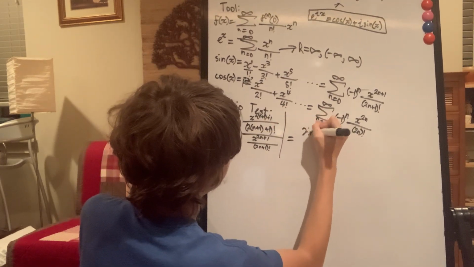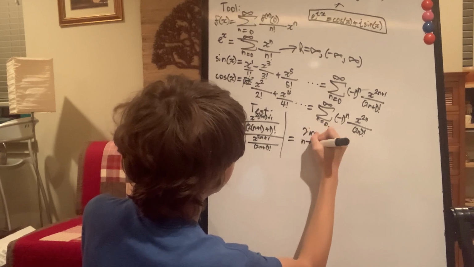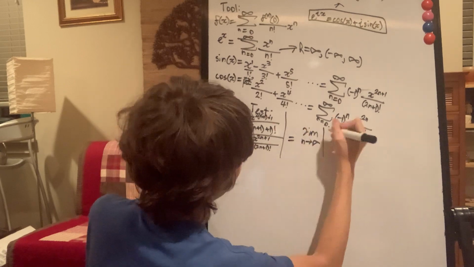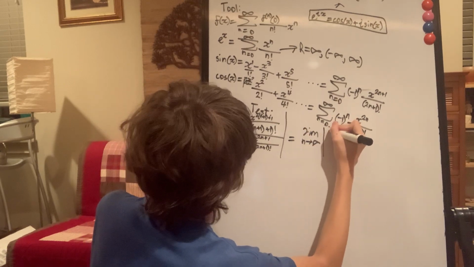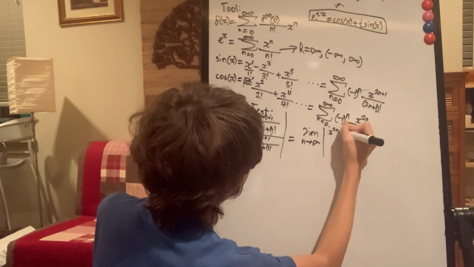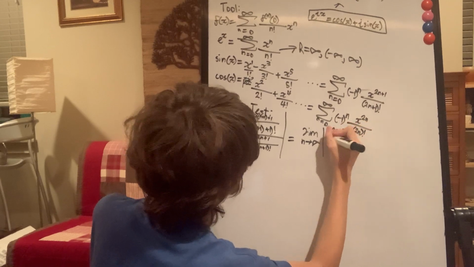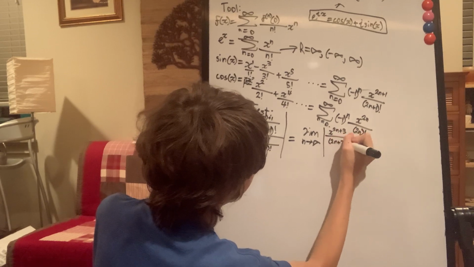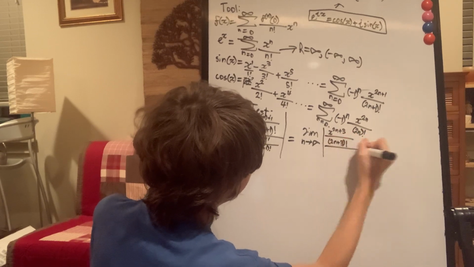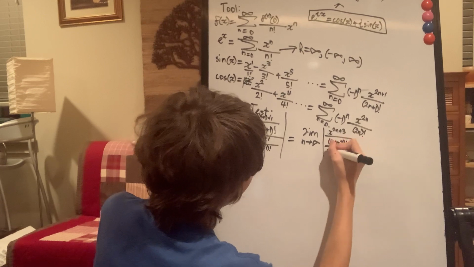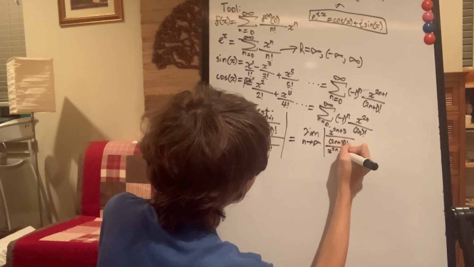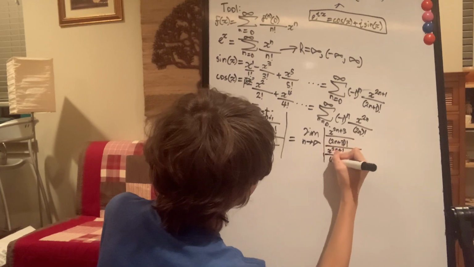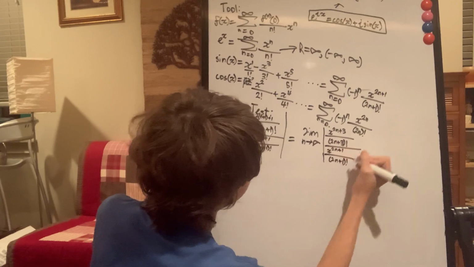We get the limit as n goes to infinity of the absolute value of x to the 2n plus 3 over 2n plus 3 factorial, over x to the 2n plus 1 over 2n plus 1 factorial.